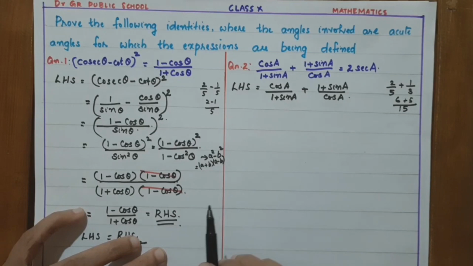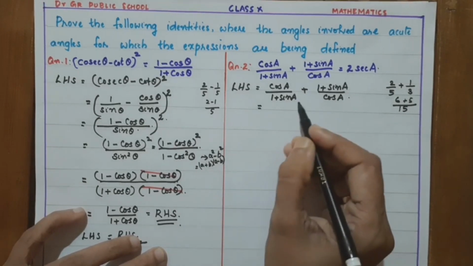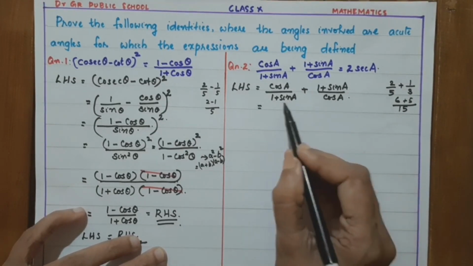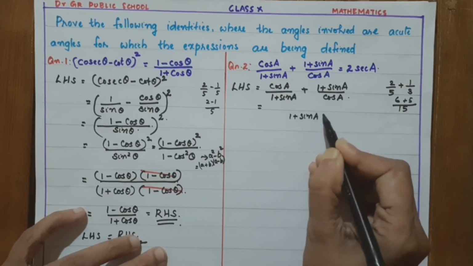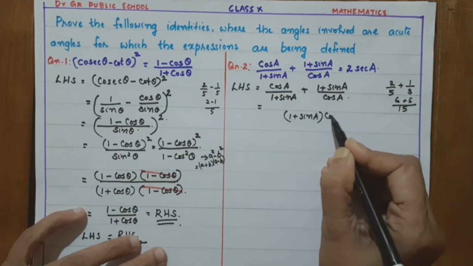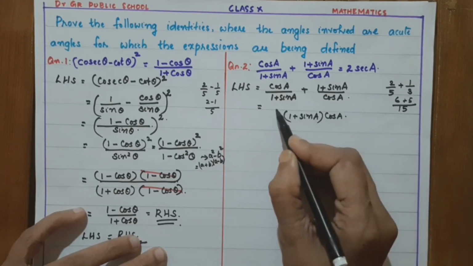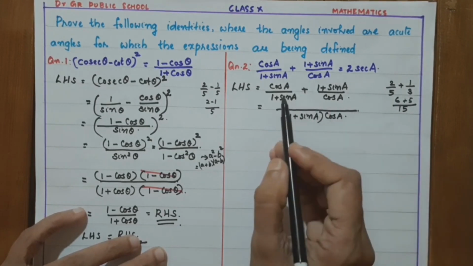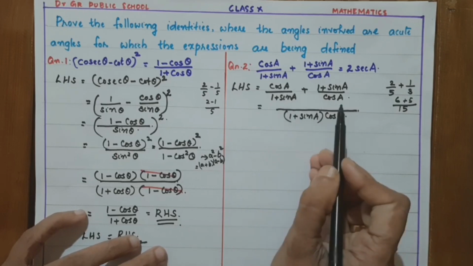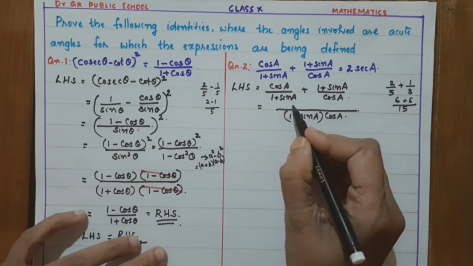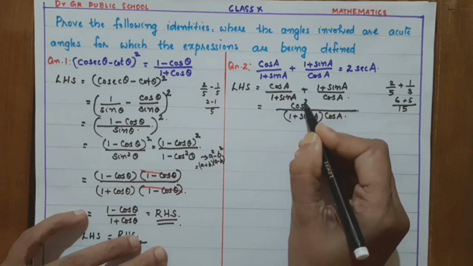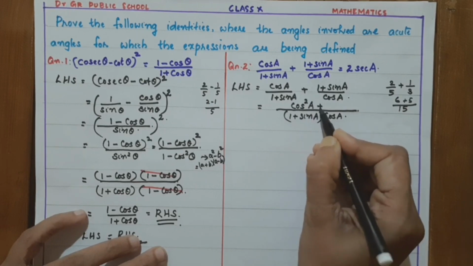Same process here also we can apply. So the LCM is their product. What is the product? 1 plus sin A multiplied by cos A. Then the numerator: here we have cos A. When we multiply by this, cos A into cos A, cos square A, plus.